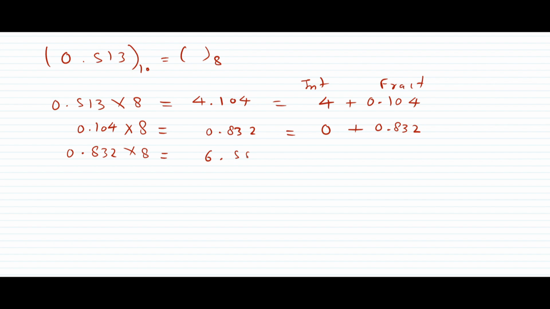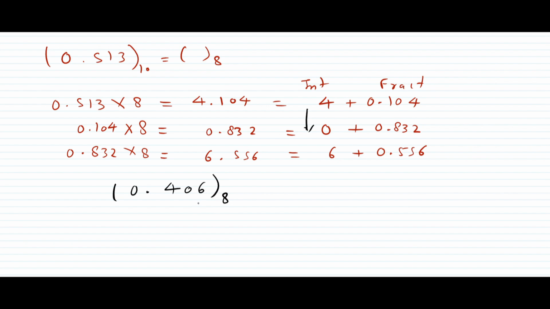So this is 6 plus 0.556, and it goes on like this. And here, as I said, we move like this, right? So the answer will be 0.406 to the base 8, correct?